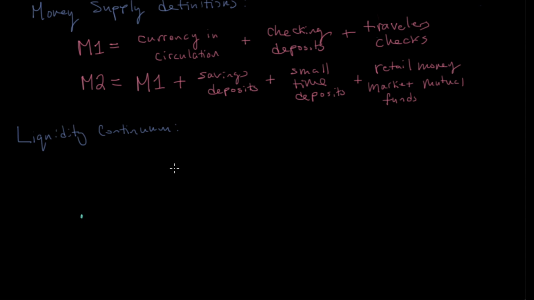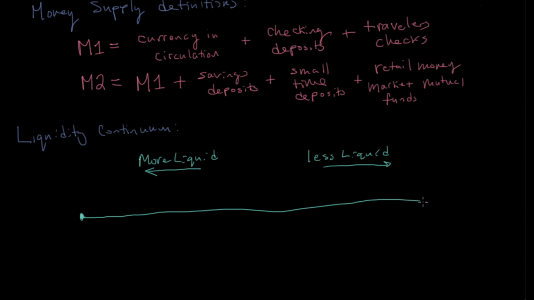So we'll say, going from right to left, we have more liquid, and going from left to right, we have less liquid. And we have this sort of spectrum of money assets going from more liquid to less liquid.